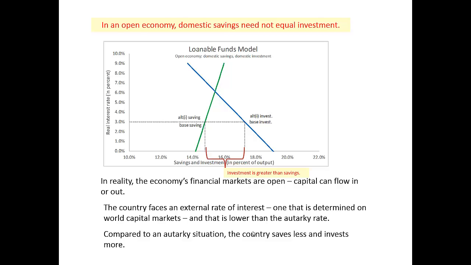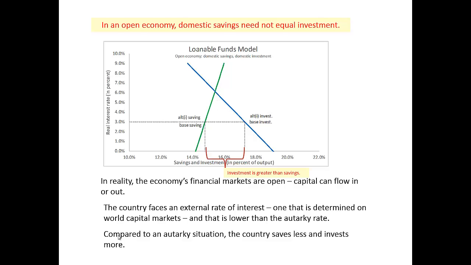In reality, this economy and most economies, financial markets, are open, which means that capital can flow in or out. That means that this small open economy, which we're assuming, faces an external rate of interest, one that is determined externally, in world capital markets, and you'll note that this interest rate is lower than the autarky rate.